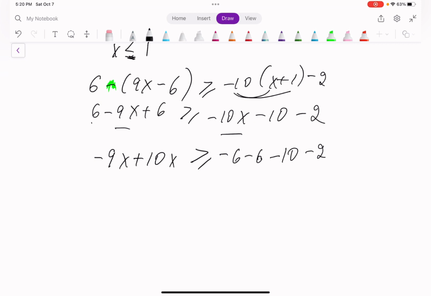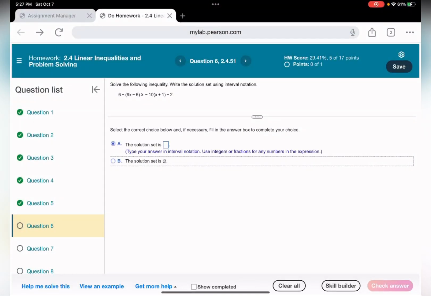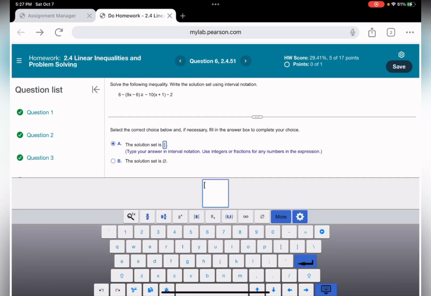So I'm getting 1x greater or equal negative 12, negative 24, which means the answer is going to be negative 24, positive infinity. Yes? Okay, let's write it down. Square bracket, negative 24, comma, positive infinity, and parentheses.